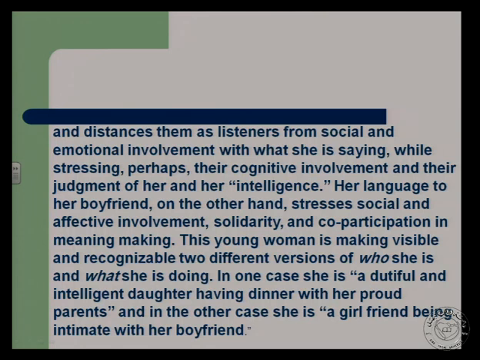In one case, she is a beautiful and intelligent daughter from the viewpoint of her parents, having dinner with her proud parents, proud of her for being educated. And in the other case, she is a girlfriend being intimate with her boyfriend. So we're talking about two different social languages used by the same person while telling the same story in two different contexts.